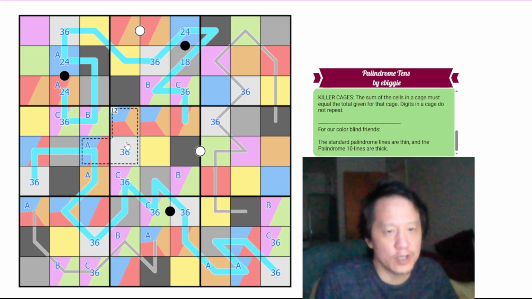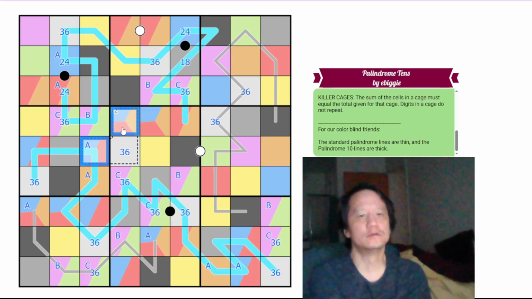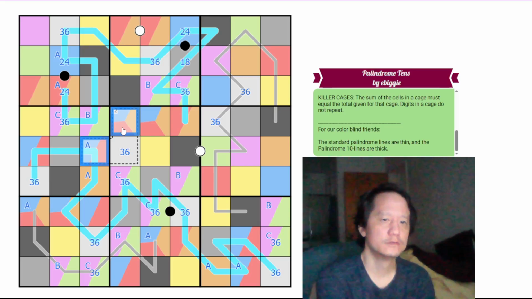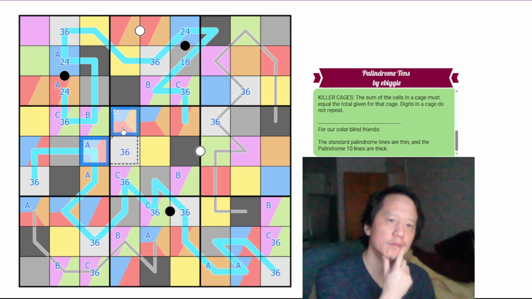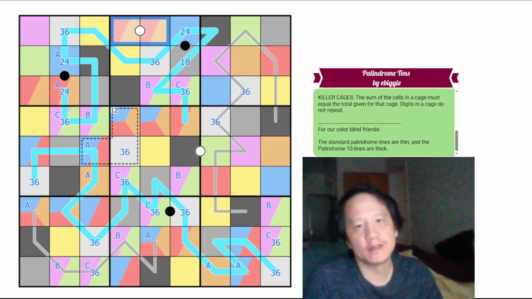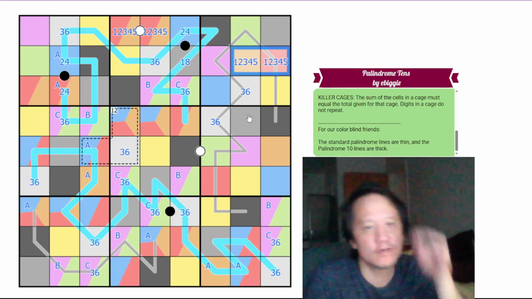If it's 3, that means it's the other orange or red, because it can't be just 2, 4 and 2, 4 here. It could be 4, 5. So this is 2, 4, with 1, 3, and 5 here as possibilities.